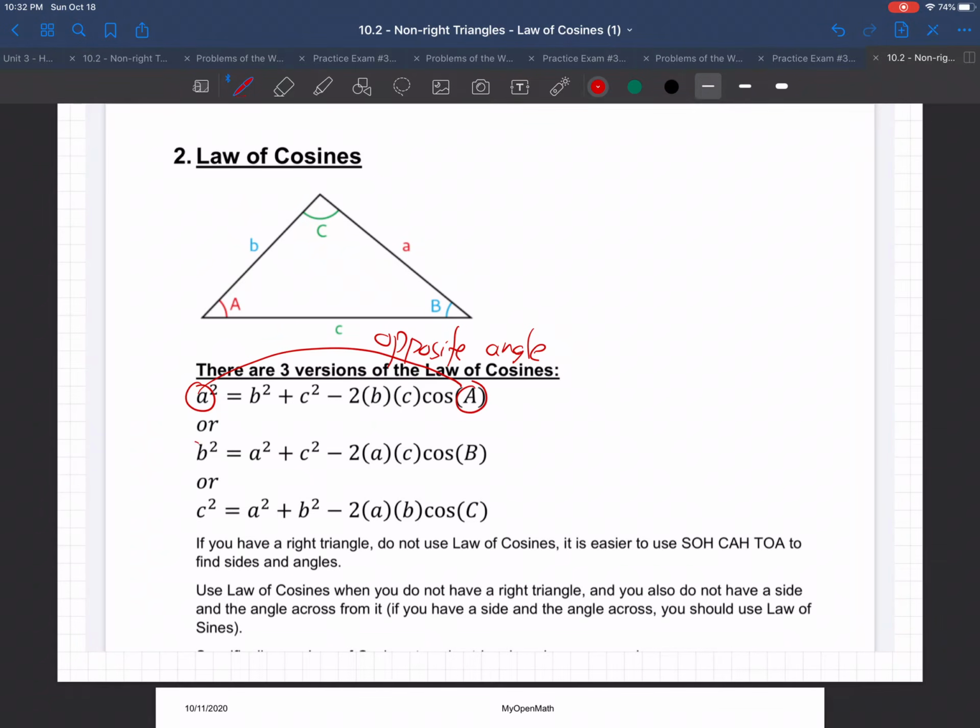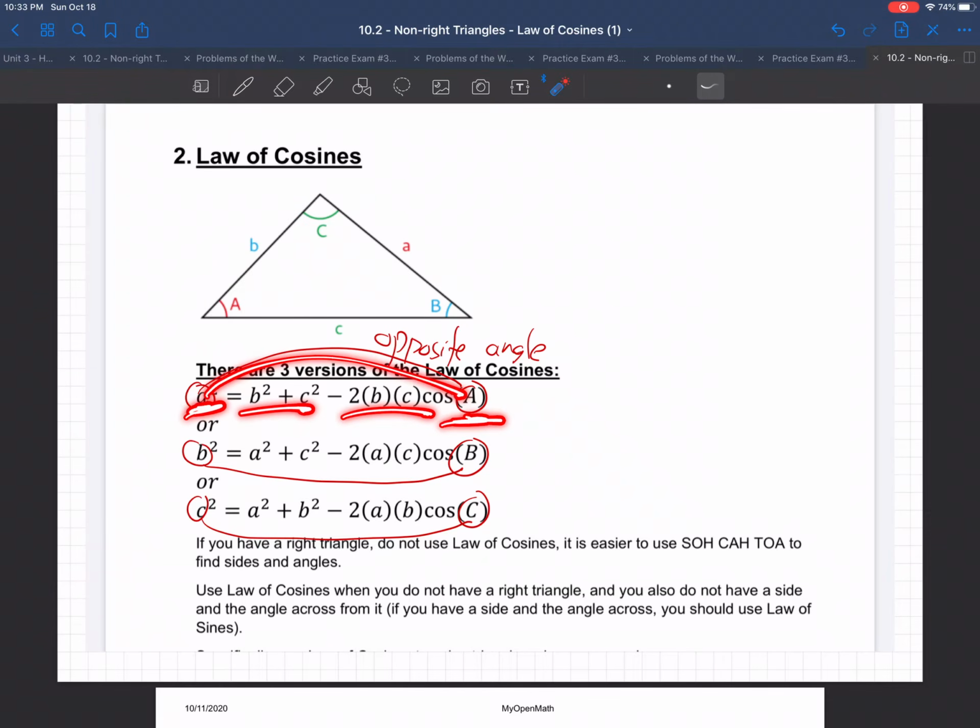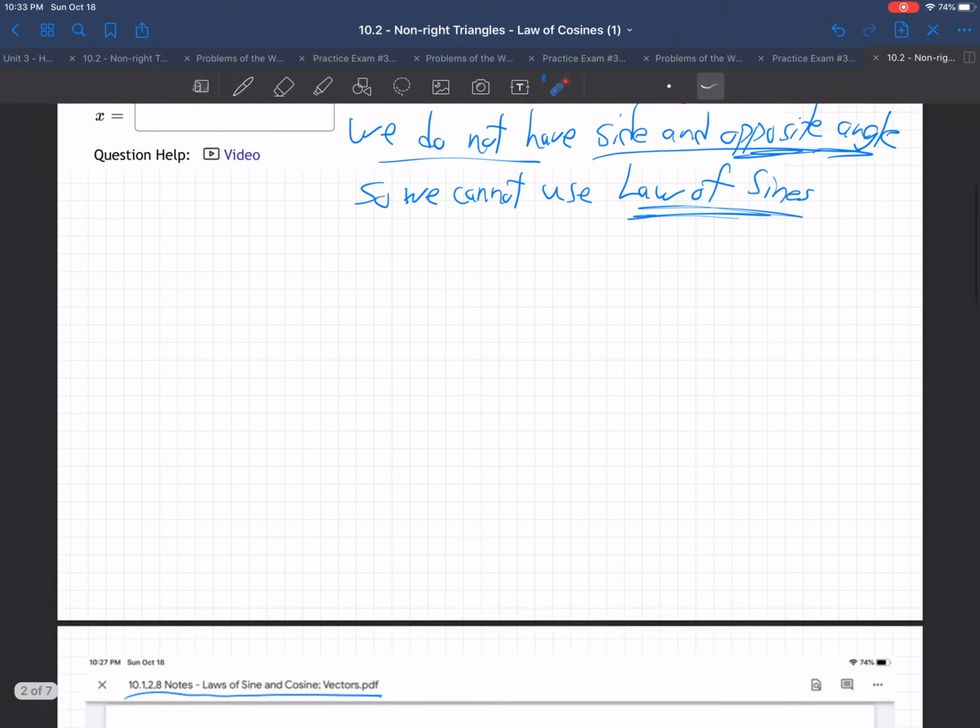Or if you do B with B or C with C. So the angle that you use, you can use any one of those 3 versions, is always the angle opposite. So basically it says any side squared is the other 2 sides squared added up minus 2 times those 2 sides times the cosine of the angle opposite. So that's what all 3 of them basically say for A, for B, and for C. All right, let's go back to it.